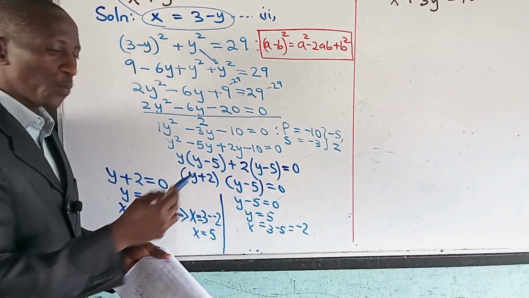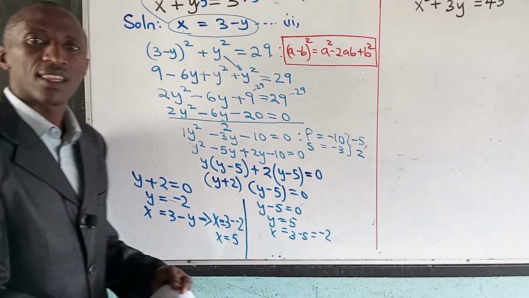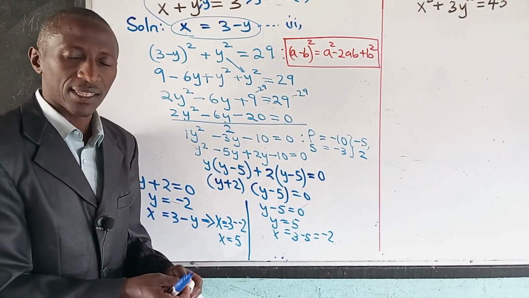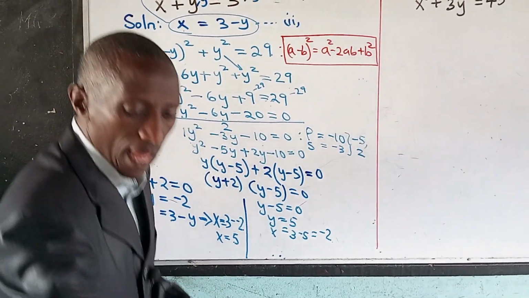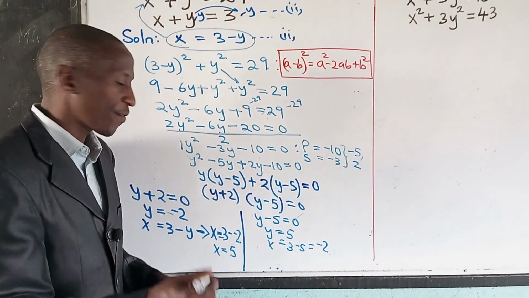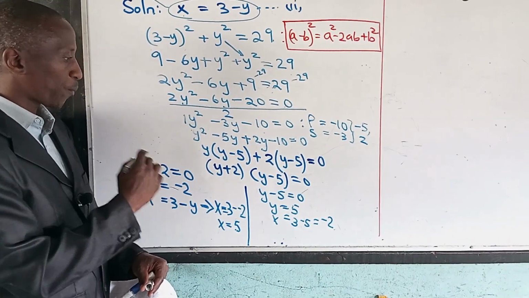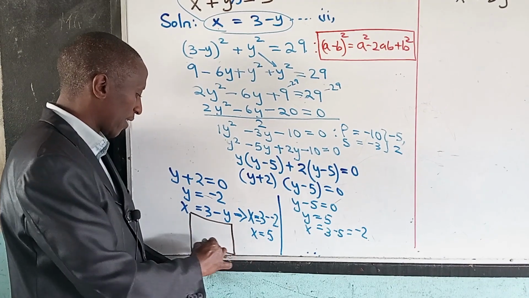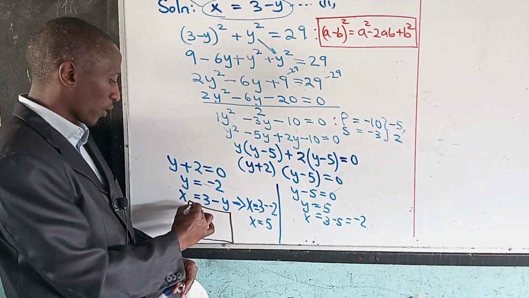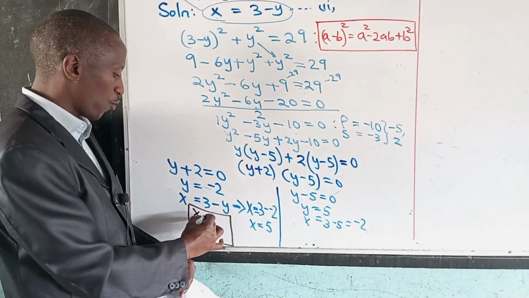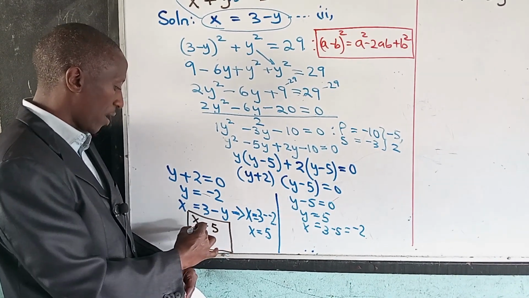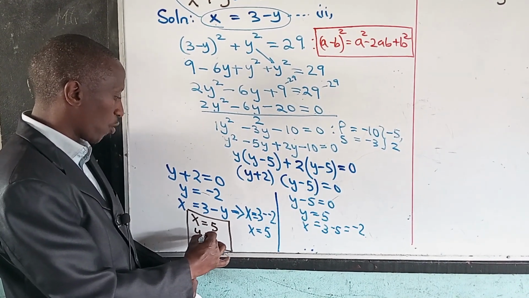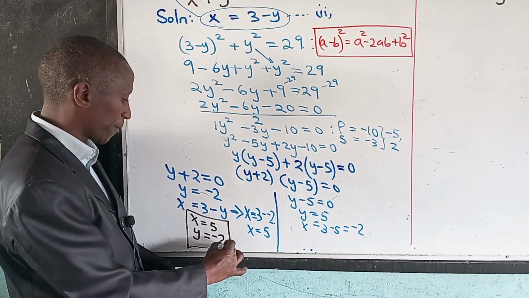So viewers, at this point, it is very important that we pair our answers. We show clearly the pairing that we have on our answers. In a free space like this one, we put our answers very clearly that x is equal to 5 when y is equal to negative 2.